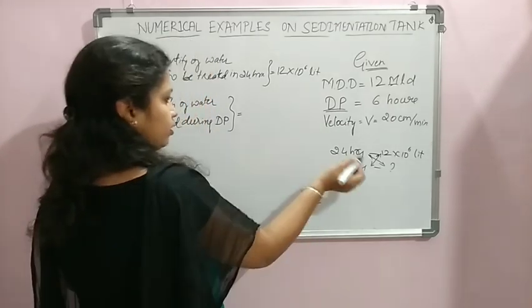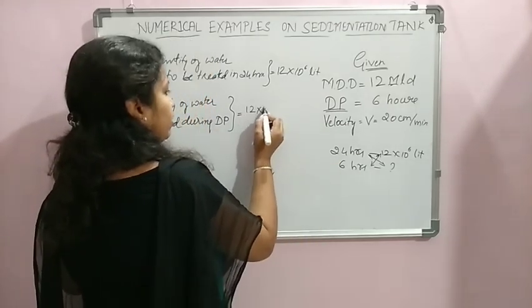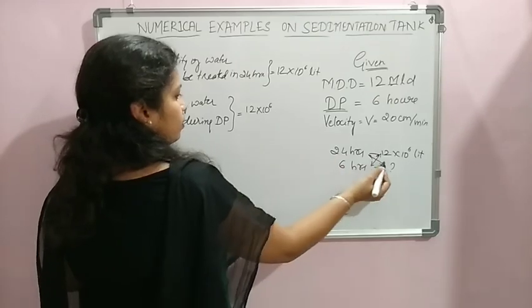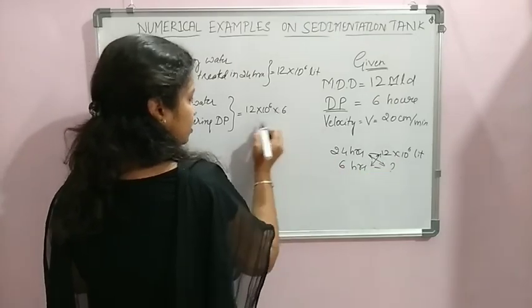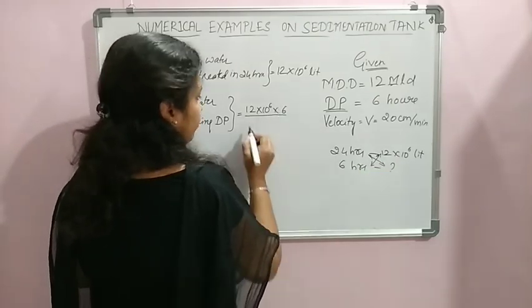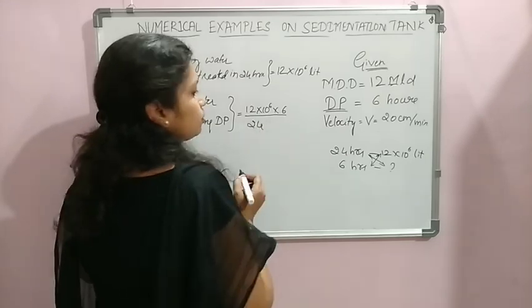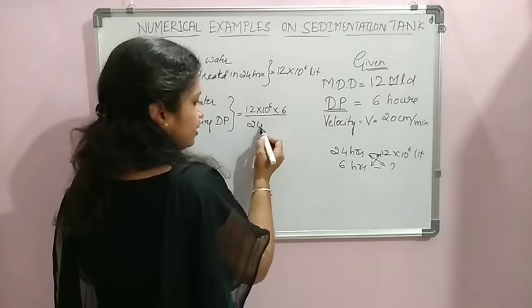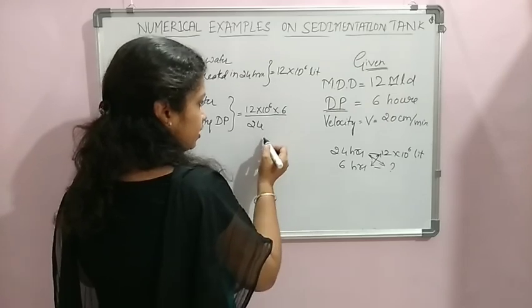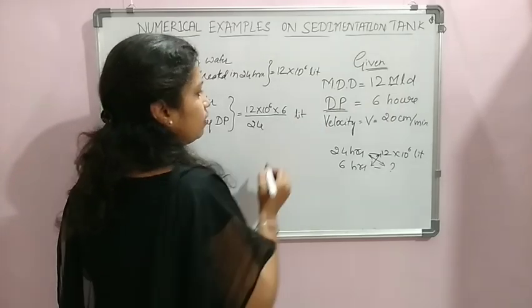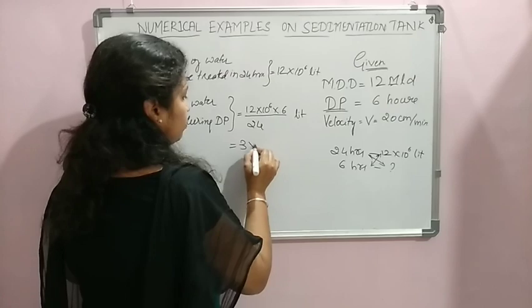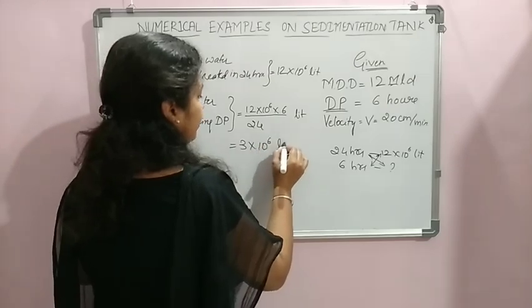Substituting, 12 into 10 raised to 6, multiplied by 6 divided by 24. What will be the unit left? Here it is hour, here it is hour, both get cancelled. The remaining unit will be liters. So the answer is 3 into 10 raised to 6 liters.